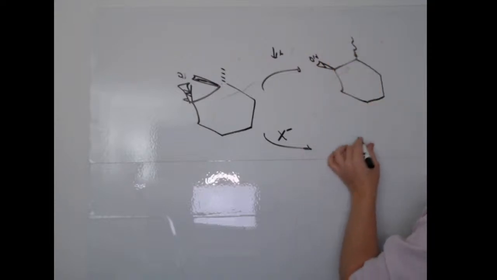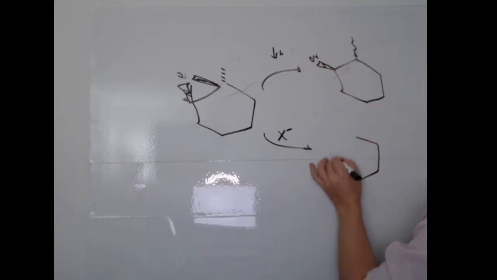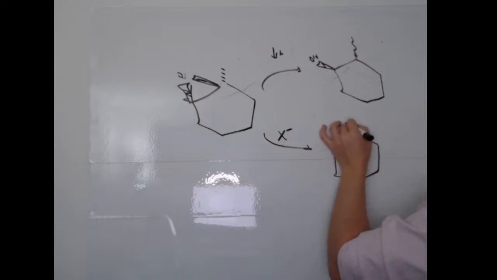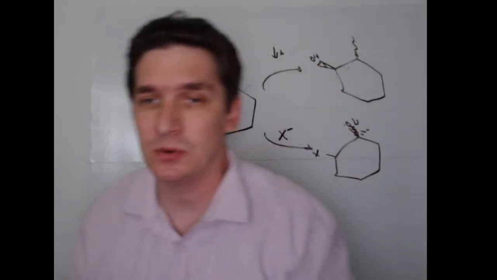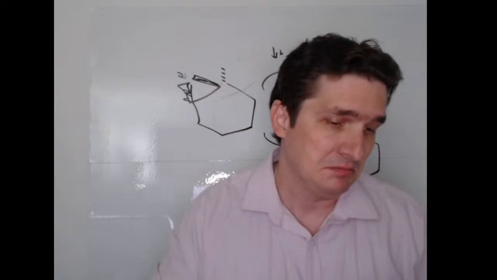For basic conditions, we're going to end up putting the alcohol on the more substituted carbon. But yes, the same rules still apply for rings that they do for linear alkanes.